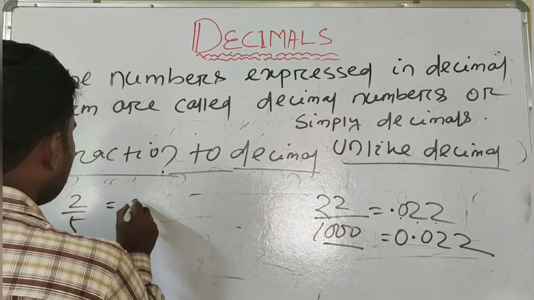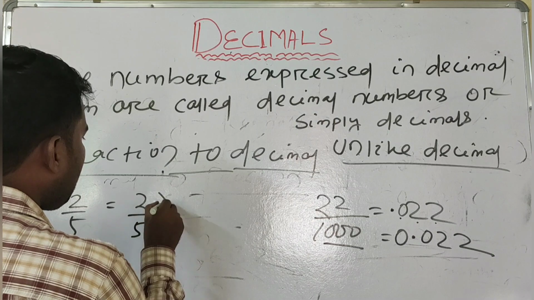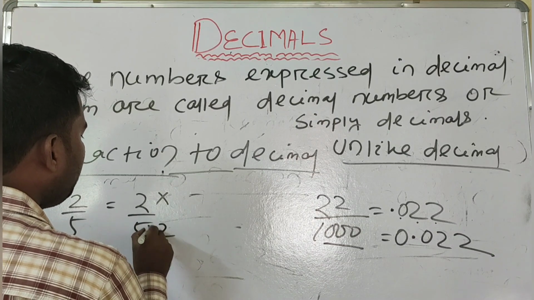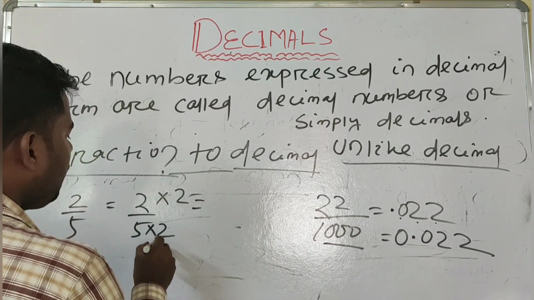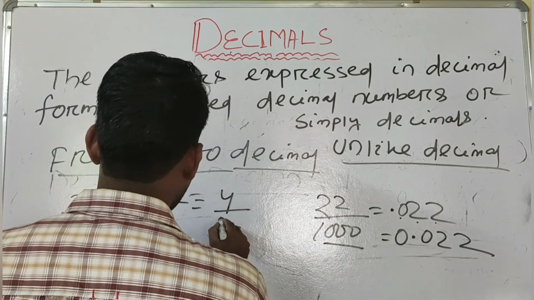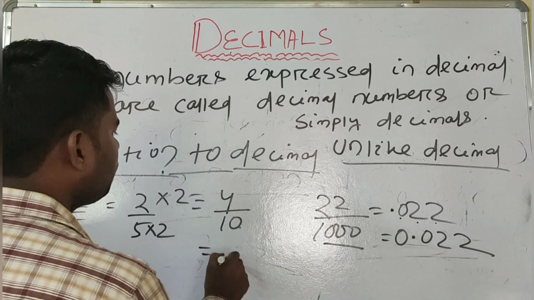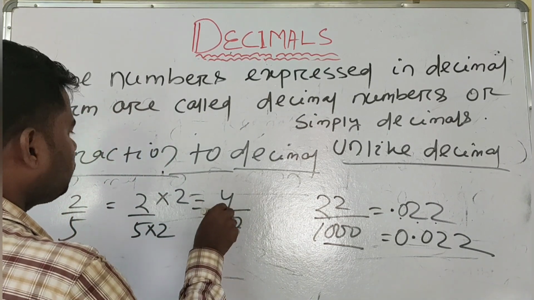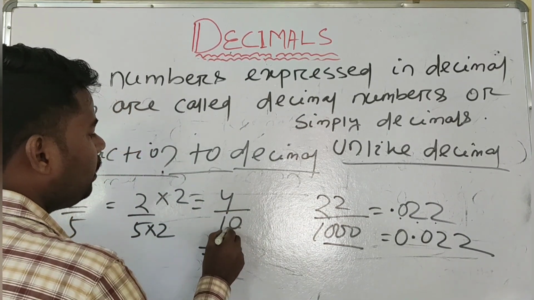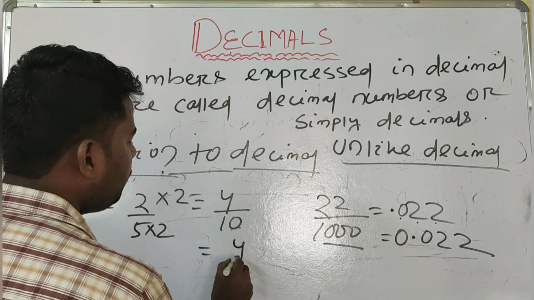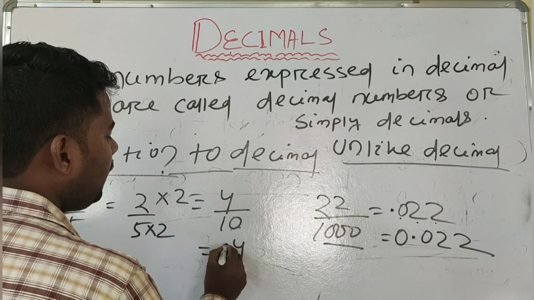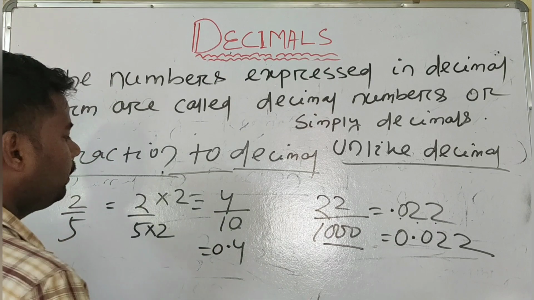So 2 by 5, if we multiply both numerator and denominator by 2, then the denominator will be 10. So we can write 4 by 10. Then how many zeros in 10? 1 zero. So we count from the right side and get 0.4. Okay.